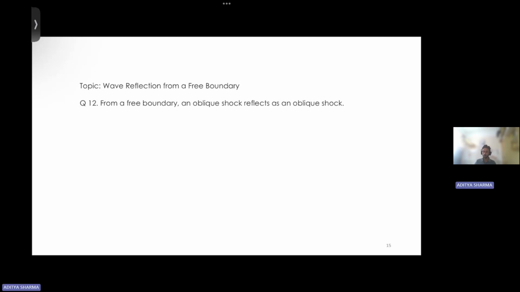So if the statement says that from a free boundary an oblique shock reflects as an oblique shock, this statement is not true. Right? So this statement is correct.